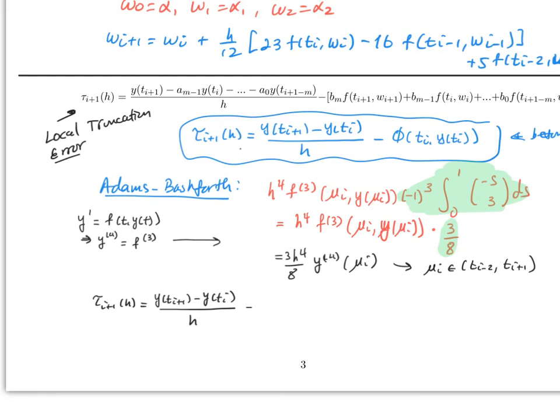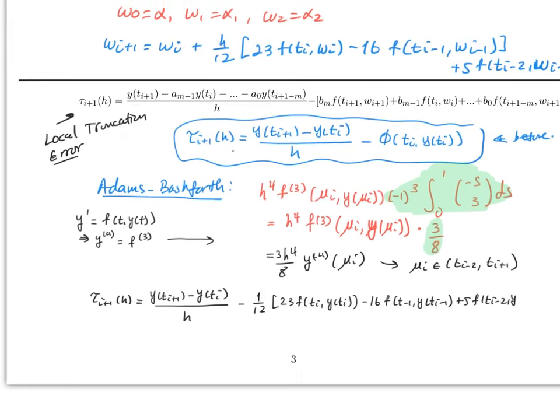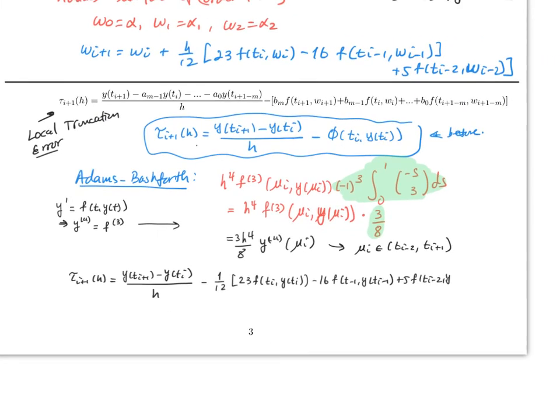So then you'll end up with 1 over 12, this will be 23 f of ti, y of ti. So it's pretty much the same thing you had before, except the h is not there. Plus 5 f of ti minus 2, y of ti minus 2.